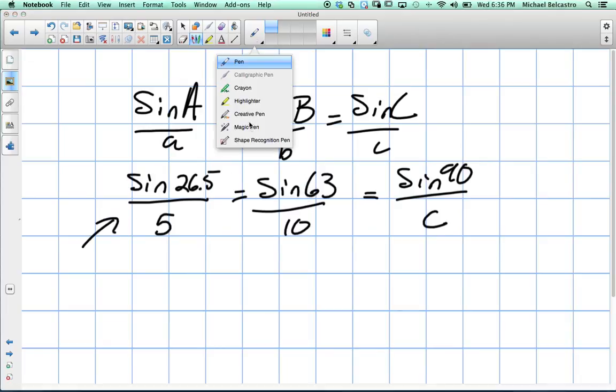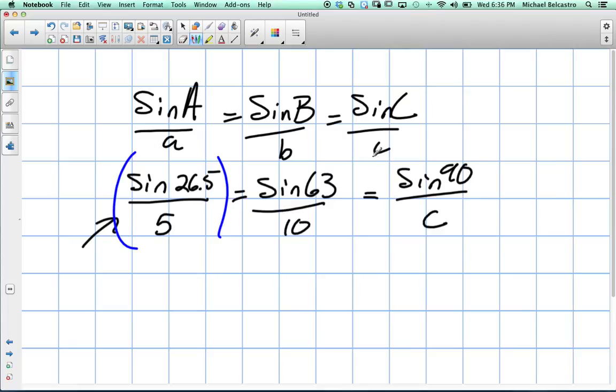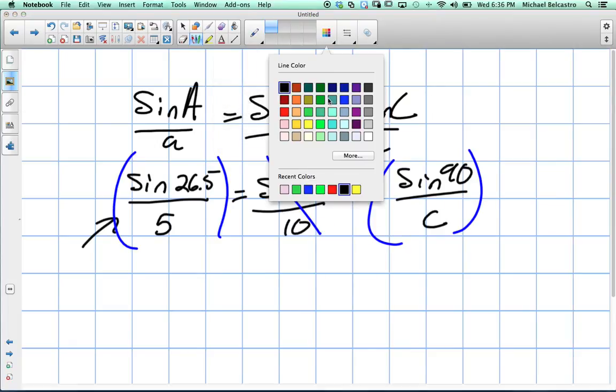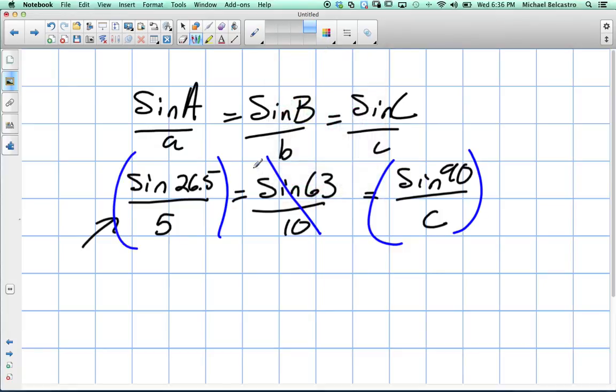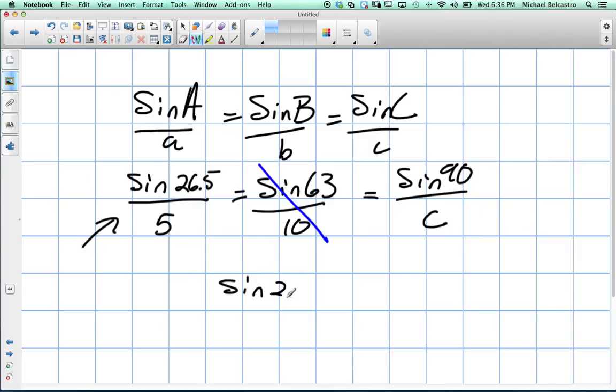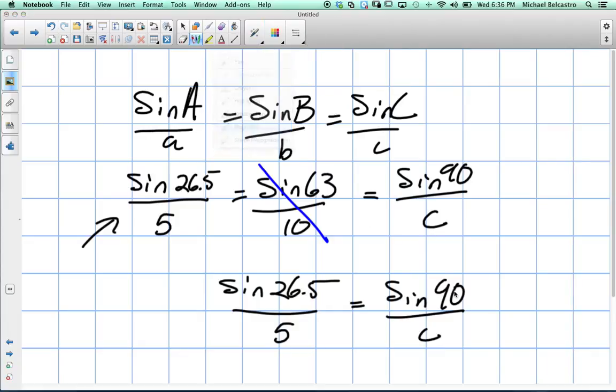So remember I said you only need 2. So I'm going to pair up these two. We're going to drop the middle one. We only need 2 in order to solve this, okay? So let's drop that off. So that now leaves us with sine 26.5 over 5 equals sine 90 over C. Now remember I said it's easier if what we're solving for is on top.